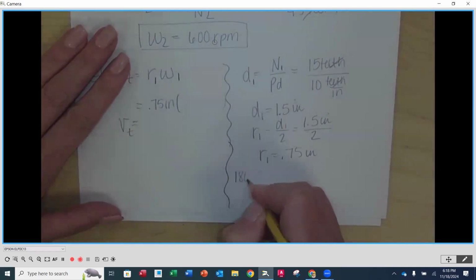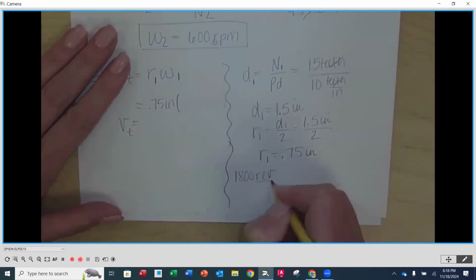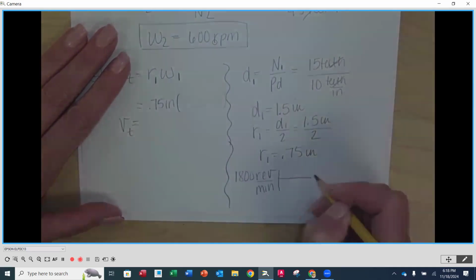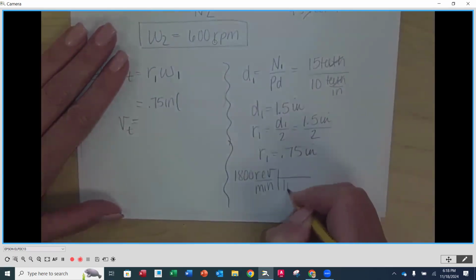So we need to take 1800 revolutions per minute, and we need to convert that to radians per second. So go ahead and do that.